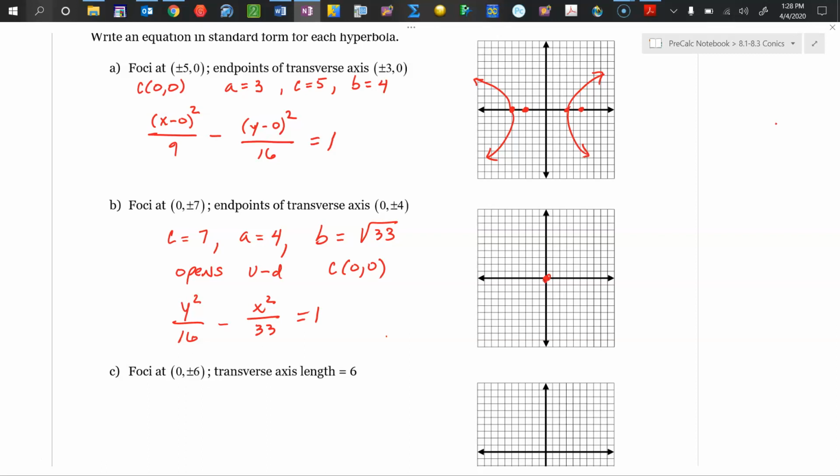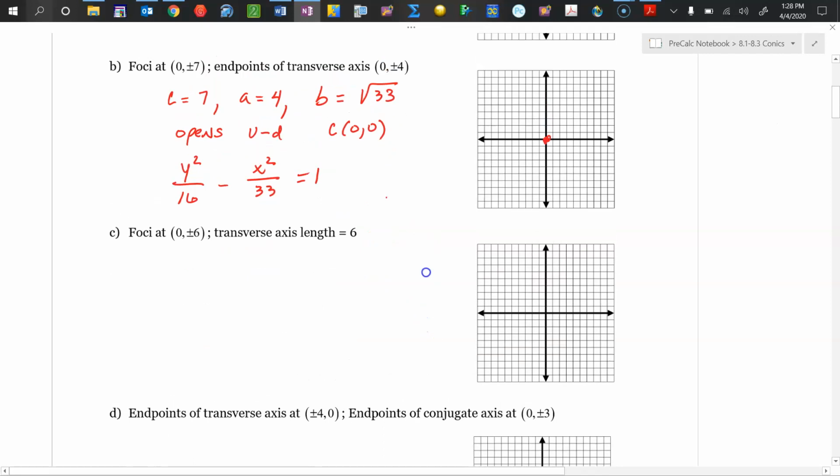And using the Pythagorean theorem, C squared is equal to A squared plus B squared. So if C squared is 49 and A squared is 16, B squared has to be 33, so B is equal to the square root of 33. And this hyperbola opens up down. So the equation is going to be y squared over 16 minus x squared over 33 is equal to 1.